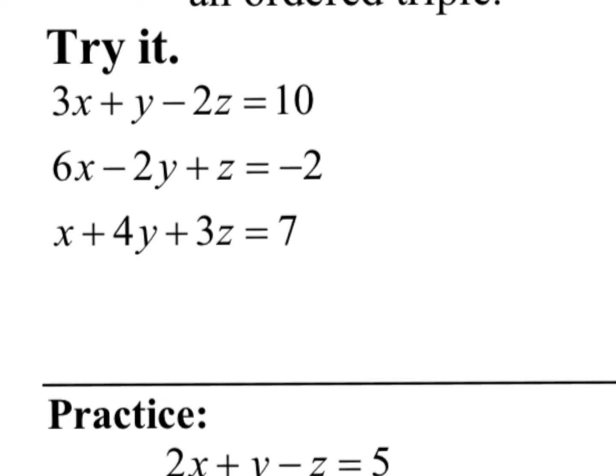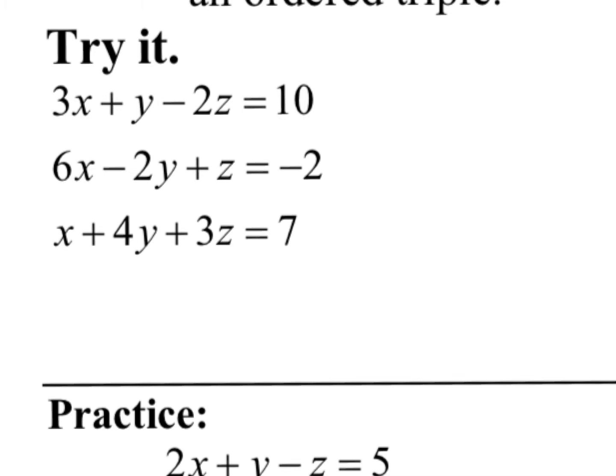The beauty of this section is that there are so many roads to the same place. You could decide to cancel out x's, while somebody else decides to cancel out z's, or maybe somebody else cancels out y's, right? Again, the first step reads, select 2 equations and get a variable to cancel.